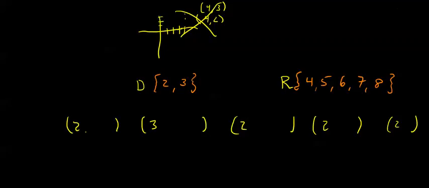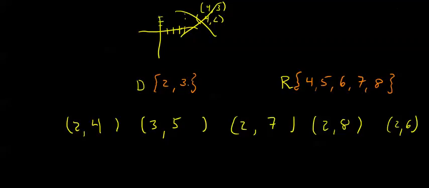So I have 2, 3, 2, 2, and 2. So when I have 2, I could have 4, and 3, I could have 5, and I could have 7, could have 8, and what haven't I used, 6.